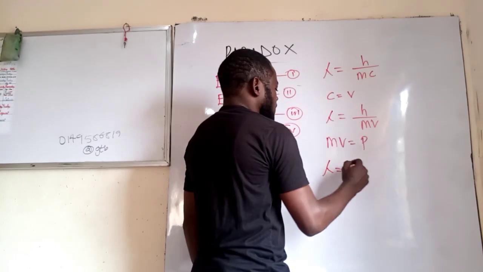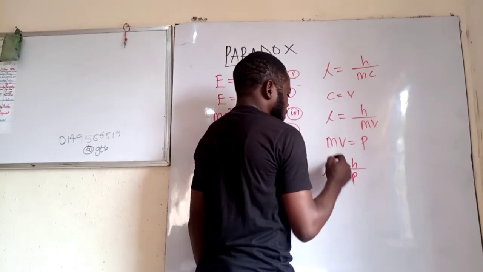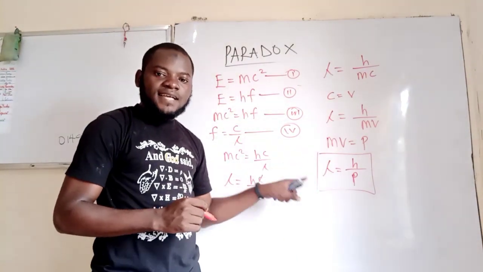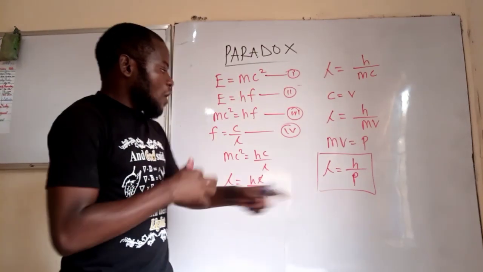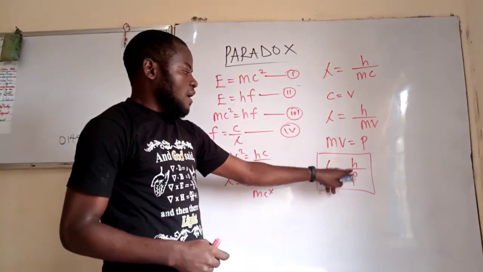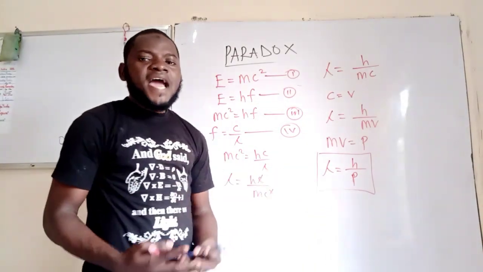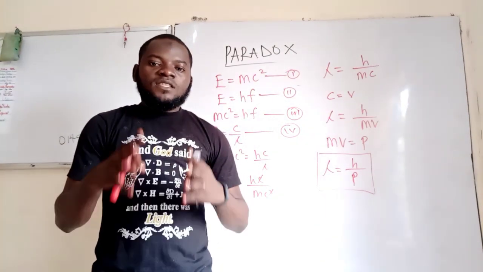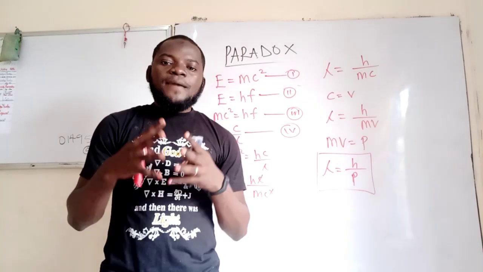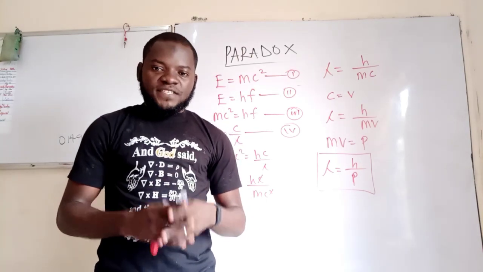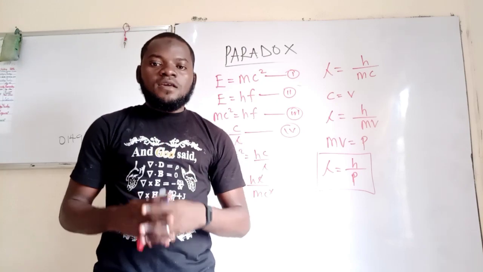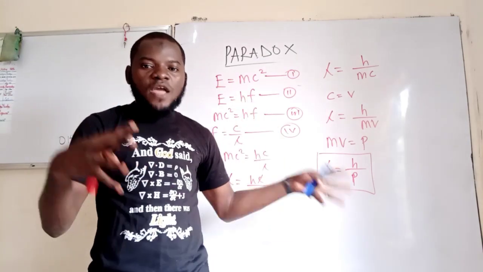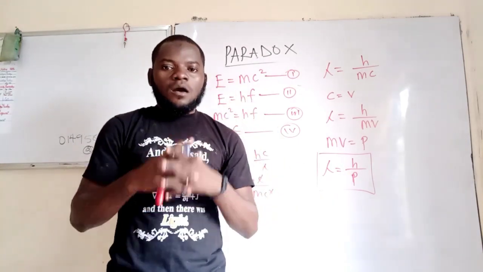So the De Broglie wavelength is given as h over p. And this is what we call the De Broglie wavelength, where this is lambda, this is the Planck constant, and this is momentum. Is that taken up? You may be asked what is the significance of the De Broglie wavelength. The De Broglie wavelength shows that for a body of mass m moving with velocity v, there is a way that we can relate the momentum of the body and the wavelength together with the Planck constant.